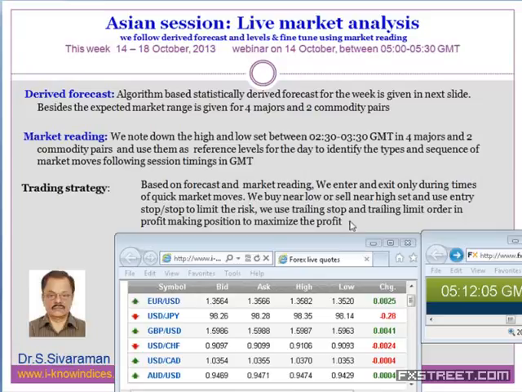So with all the constraints into consideration, I thought that on a weekly basis, I can give the expected market moves for the 4 majors and 2 commodity pairs. Besides, give a market trading technique, which will be very simple to follow, which is nothing but a combination of various other technical analyses.